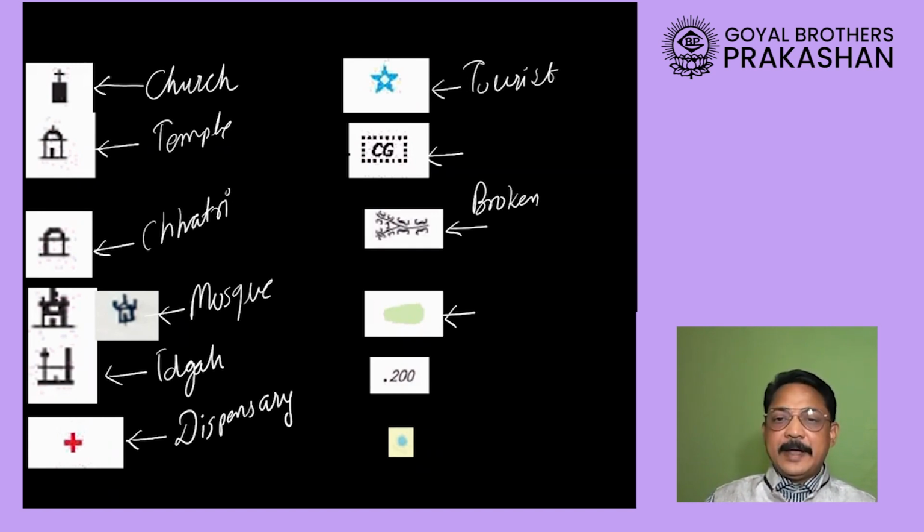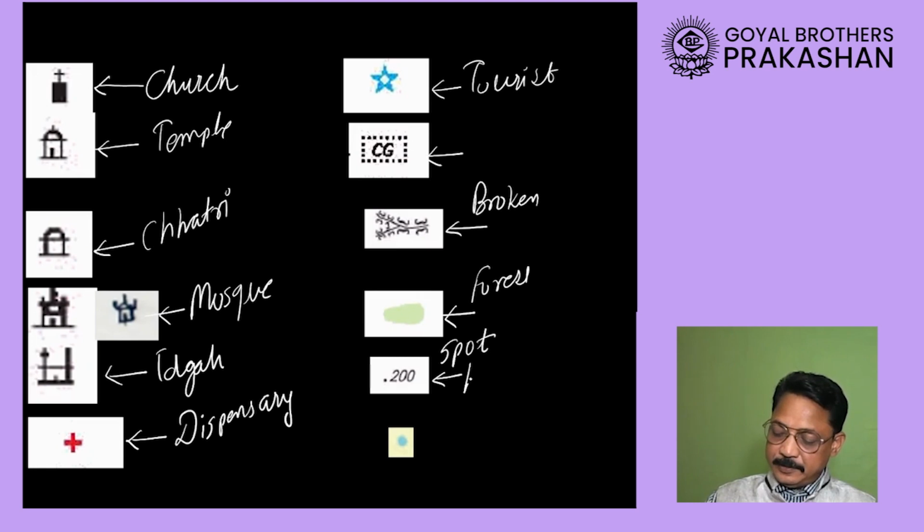A green color patch in a map is a forest. And when you see a number written here, a black color dot and a black color number, it is a spot height. And when you see a blue color dot here, we have seen it is a perennial lined well, a well that has a wall around it.